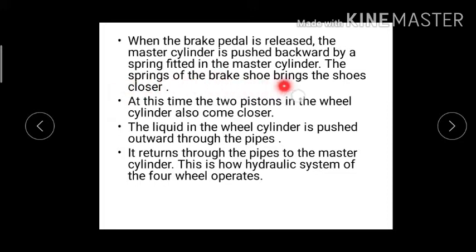The springs of the brake shoe bring the shoes closer because there is a decrease of pressure in the wheel cylinder. At this time, the two pistons in the wheel cylinder also come closer.